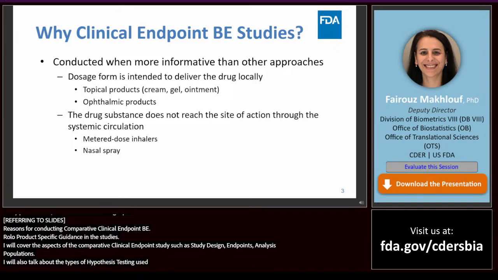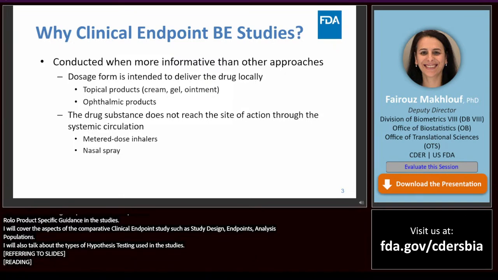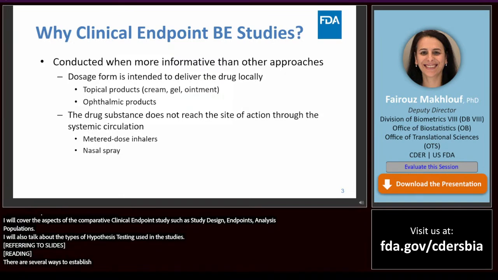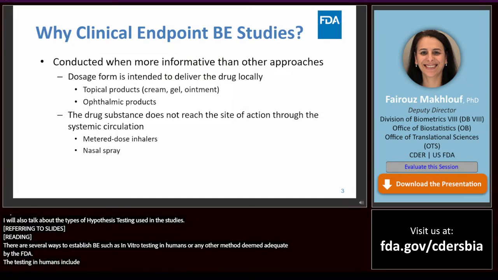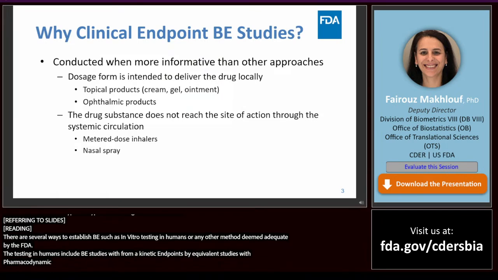There are several ways to establish bioequivalence, such as in vitro testing, in vivo testing in humans, or any other method deemed adequate by FDA. The in vivo testing in humans includes bioequivalence studies with pharmacokinetic endpoints, bioequivalence studies with pharmacodynamic endpoints, and bioequivalence studies with clinical endpoints.